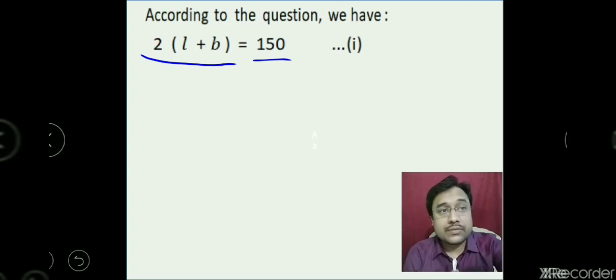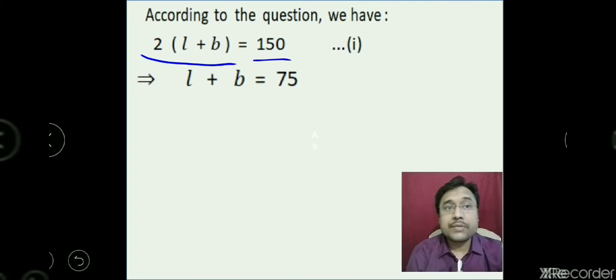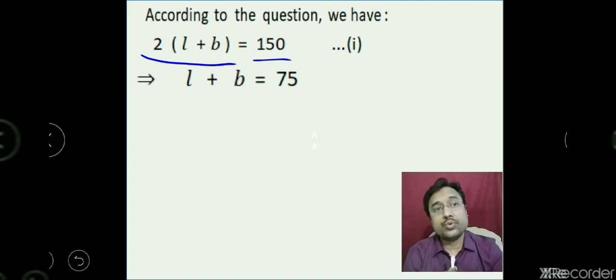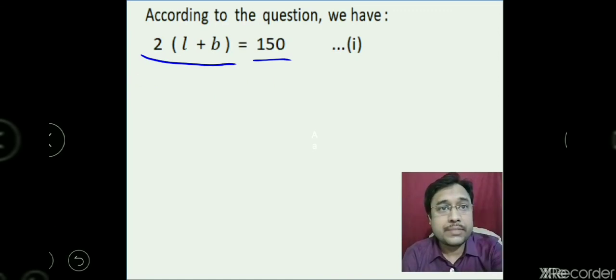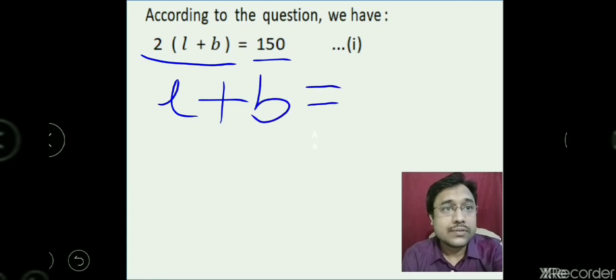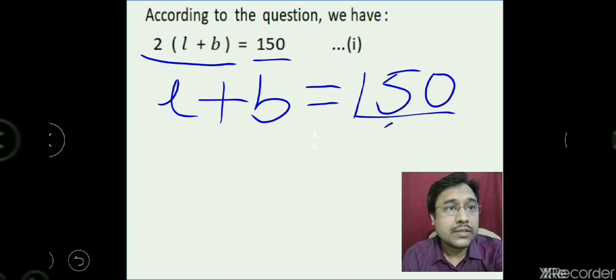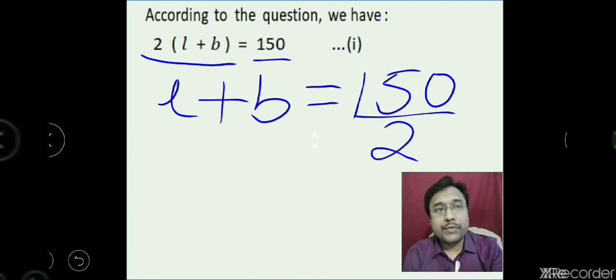So L plus B equals 75, because we can divide 150 by 2. L plus B equals 150 by 2, which is 75.